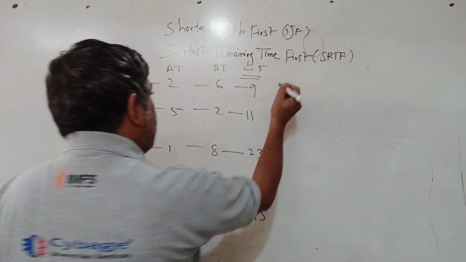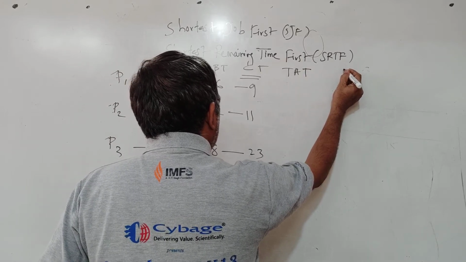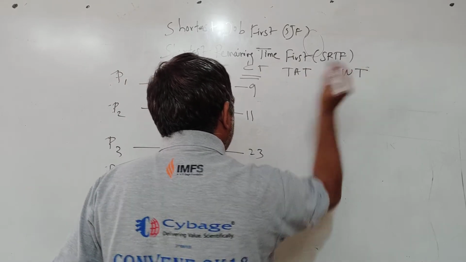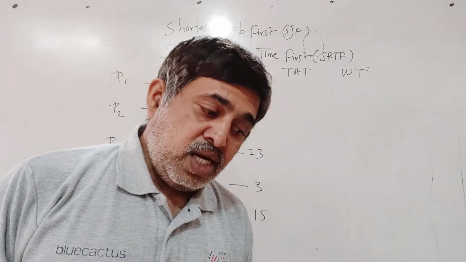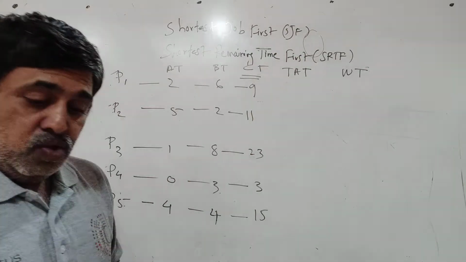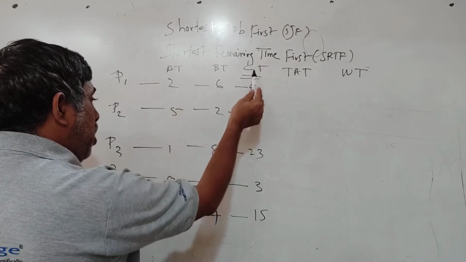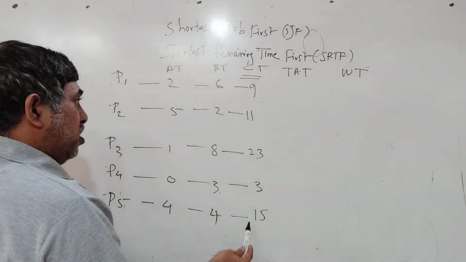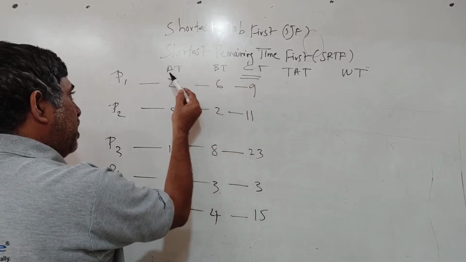So now here we will compute turnaround time. Then we are going to compute waiting time. How to compute turnaround time? Well, now since we do have a completion time, it is very simple. Completion time minus arrival time.